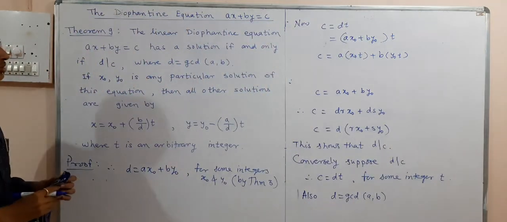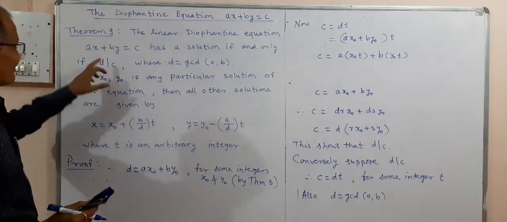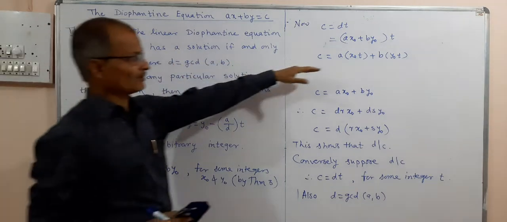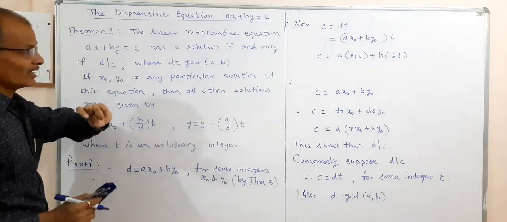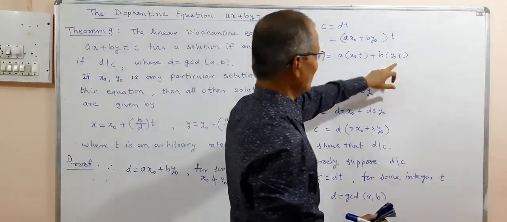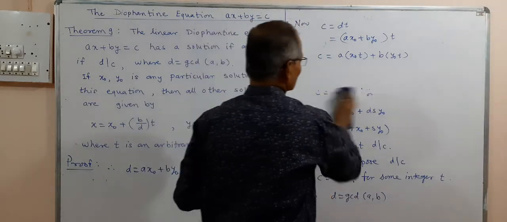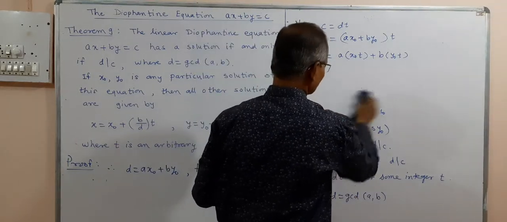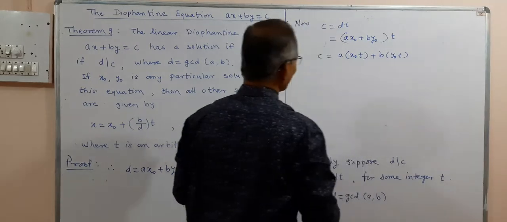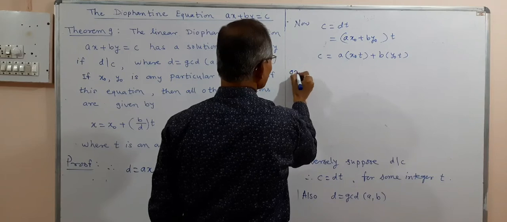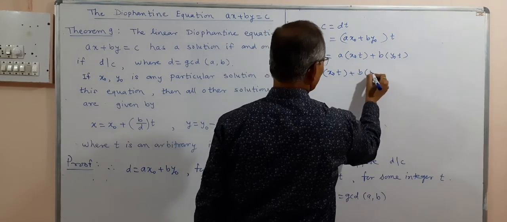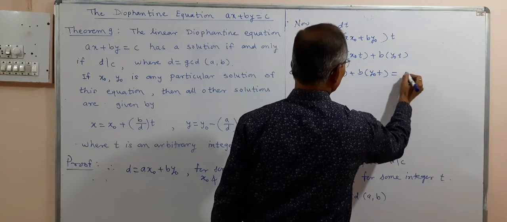And now what this shows is, this equation, ax plus by is equal to c, it is of this type, and it shows that it has a solution. This equation has solution x as x naught t and y as y naught t. So from equation 1 this shows that a x naught t plus b y naught into t is equal to c.